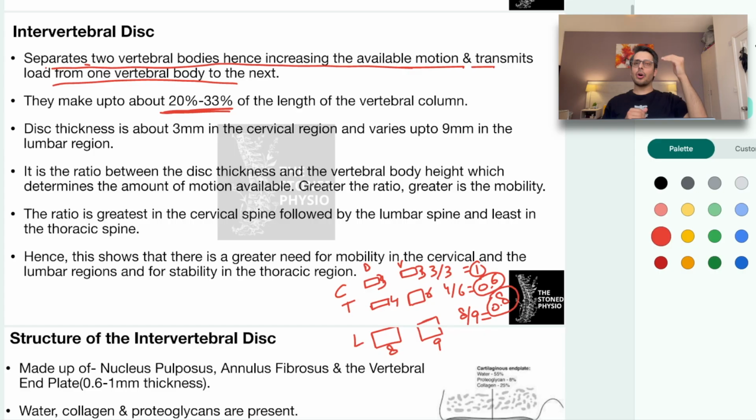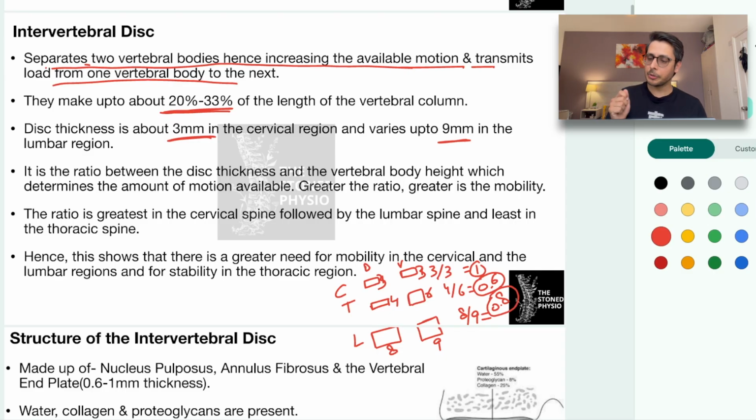But as we go down to the bottom section of the spine, the thickness of the intervertebral disc increases, the reason being there's a lot of load on the lower part of the spine. On average it's about 3 mm of disc thickness in the cervical spine, and around 9 mm in the lumbar part of the spine.